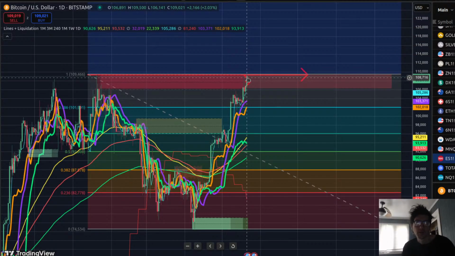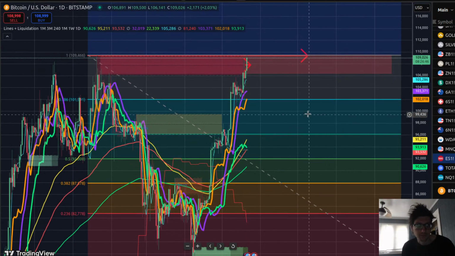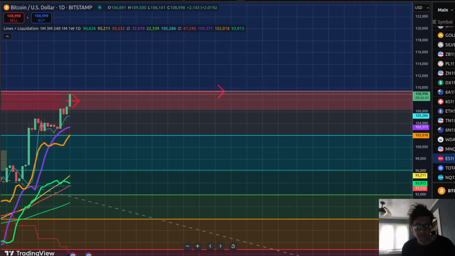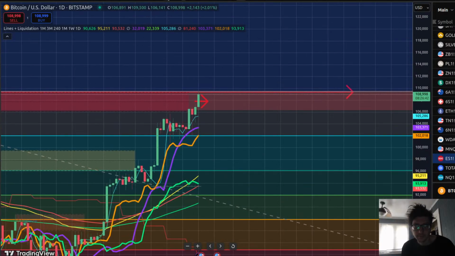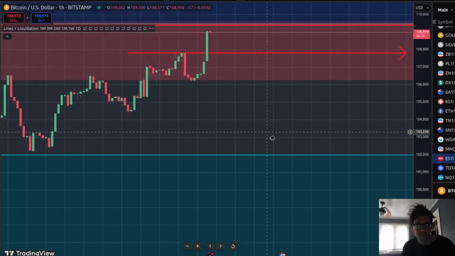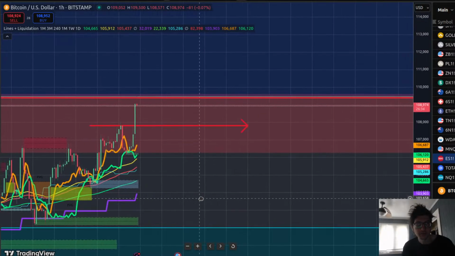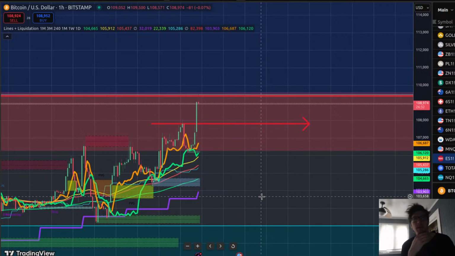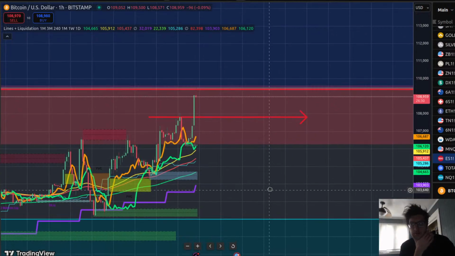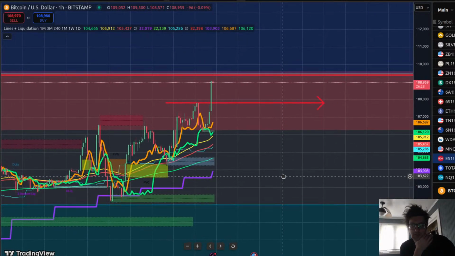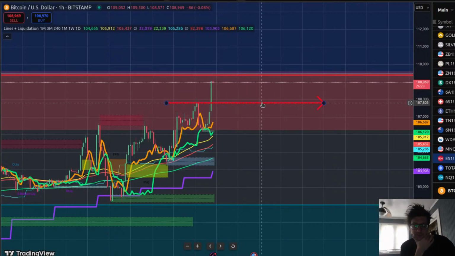Or I'm going to wait for price to come back down off of the level that it's at right now. It's just a matter of sitting and watching the chart and having the time to do that. Like I said, if we break below this level here, that's a bearish sign.